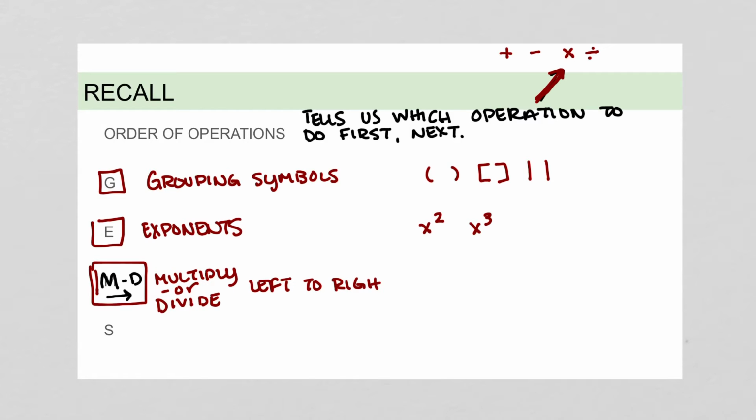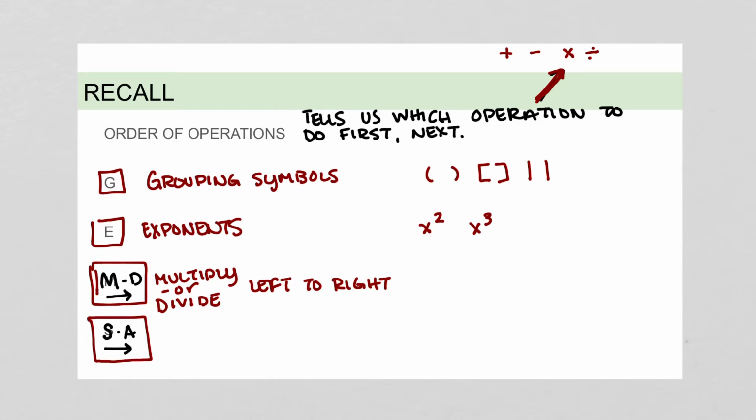We know that with our properties, sometimes we can move things around, but for the sake of right now, just keep on thinking about left and right. And then we know that the last thing we're going to do is subtract or add. Again, we like to think left to right.